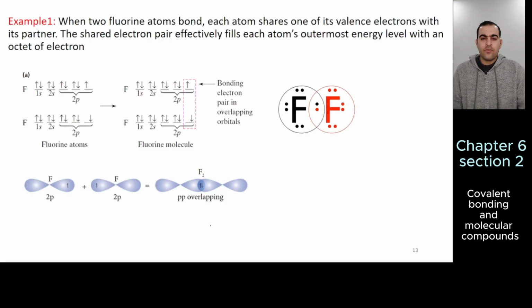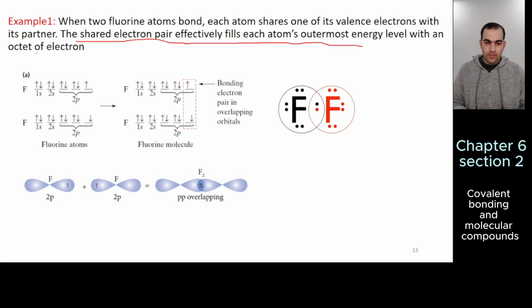Like two fluorine atoms. When two fluorine atoms bond, each atom shares one of its valence electrons with its partner. The shared electron pair effectively fills each atom's outermost energy level with an octet of electrons. Octet means 8. Look, there are two fluorine atoms. This is the orbital notation.